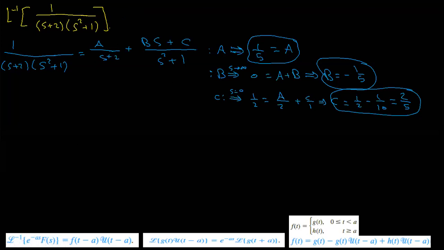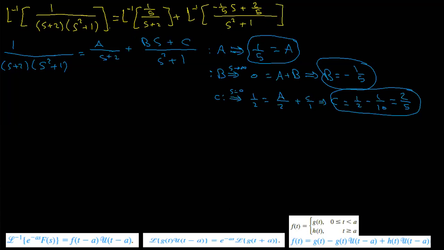This will be the inverse Laplace of, instead of A, 1 over 5 divided by S plus 2, plus the inverse Laplace of the B, which is -1 over 5 S, plus the C, which is 2 over 5, divided by S squared plus 1. Am I right here? Yes. I'm sorry, maybe I need to write it, but I think you can understand.